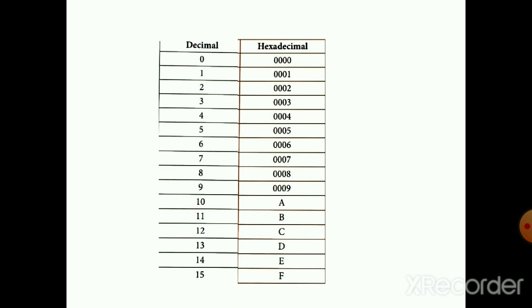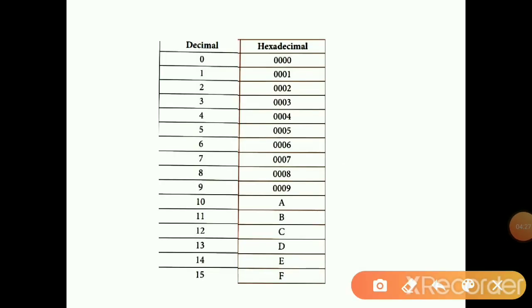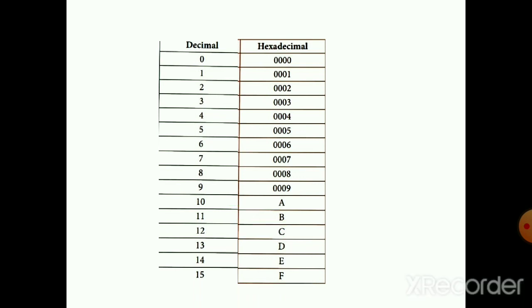In hexadecimal, after 0 to 9 comes A, B, C, D, E, F. 10 is equivalent to A, 11 is B, 12 is C, 13 is D, 14 is E, 15 is F. We need to know the hexadecimal digits because number conversion is important.